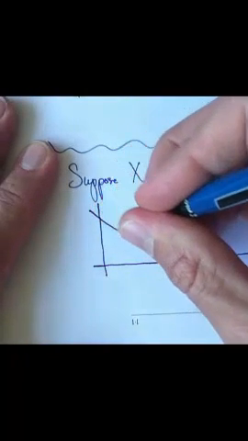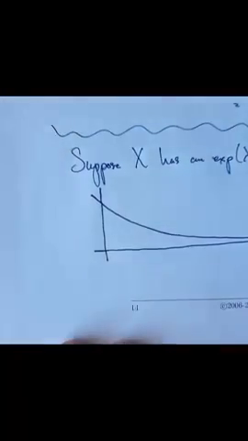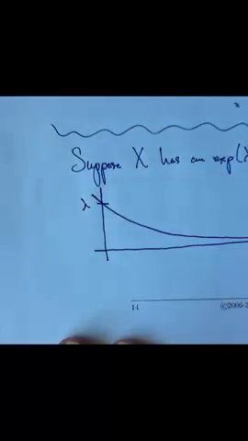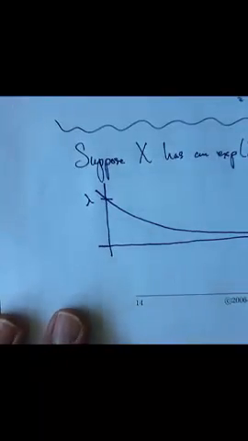It's a very special density function, by the way. This is lambda. Lambda can be anything you want. Sometimes it's 1, sometimes it's 10, sometimes it's 110.2. All right, it's just a parameter of the distribution.